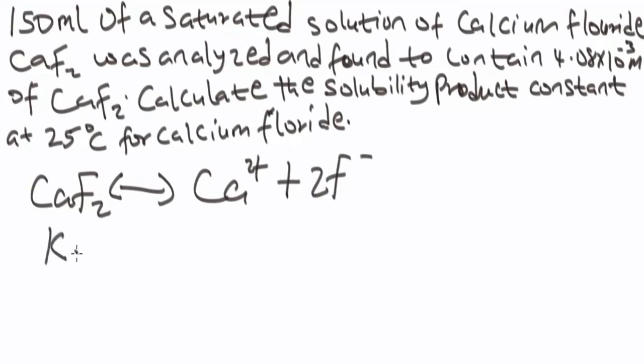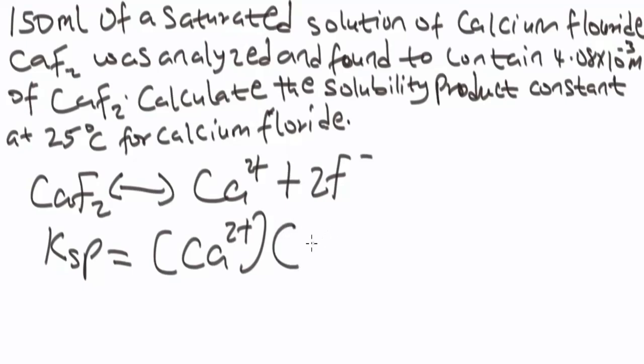Therefore, the solubility product constant will be the product of the molar concentration or solubility of these ions involved. So it's going to be the calcium ion molar concentration times that of fluoride, with fluoride raised to its stoichiometric coefficient.